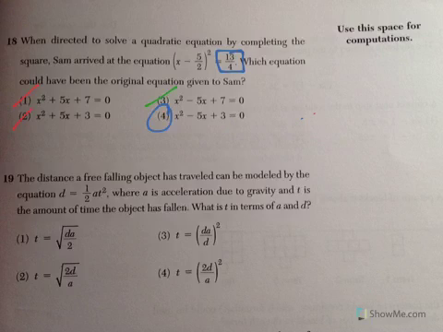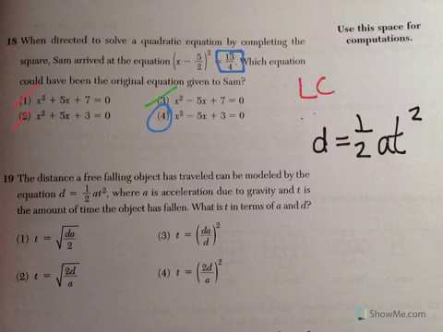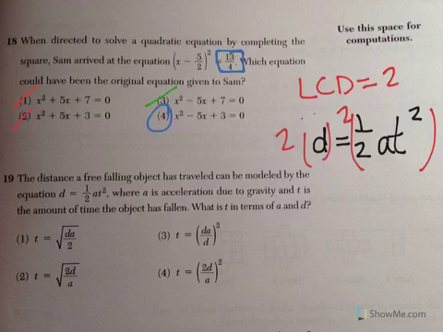So what we're going to do is, well, I'm going to rewrite the problem over here. D equals 1/2 at squared. So first we have a fraction, and to get rid of fractions, you multiply everything by the LCD. In this case, the only denominator that you have is 2, so that has to be your LCD. So if we multiply everything over here by 2 and multiply everything over here by 2, I'm left with 2d equals, well, my 2's cancel, and I'm just left with at squared.